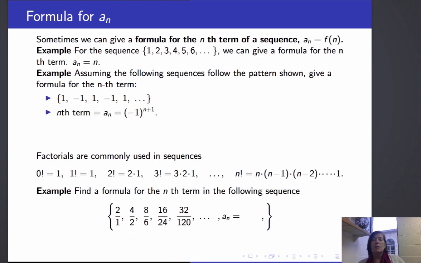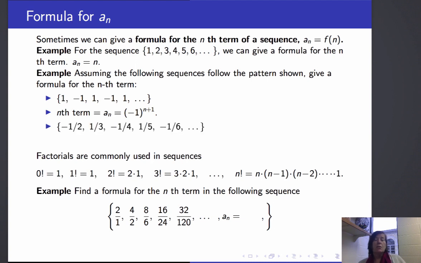Notice that the nth term here can be described by (-1) to the n plus 1. (-1) to the n or (-1) to the n plus 1 will alternate between 1 and -1 as n runs from 1 to infinity. And in this case we need (-1) to the n plus 1 because when n is 1 we want a subscript n to be 1, and when n is 2 we want this to be -1.